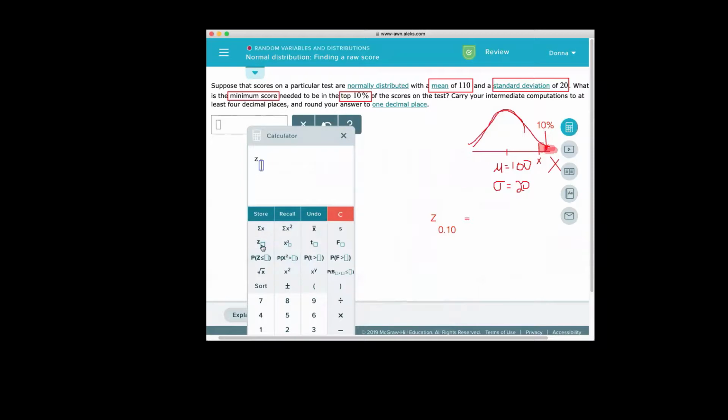Z-box of 0.10, and we have 1.281555, so we're rounding to 4 decimal places. So I go to the 5th place, 1, 2, 3, 4, 5. 5 is greater than or equal to 5, so therefore we know we're going to increase that previous digit by 1, so it's 1.2816.